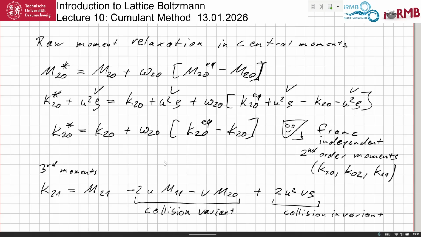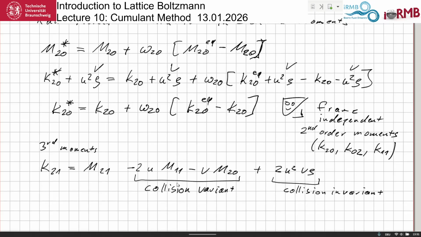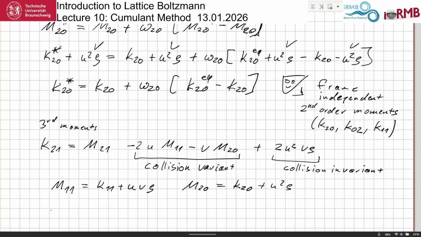So these things also have to be translated into central moments. So for example, we have M11 is K11 plus UV rho, and M20 is K20 plus U square rho, which means if we plug this into the above, what we get is that M21 becomes K12 plus 2U K11 plus V K20 plus U square V rho.